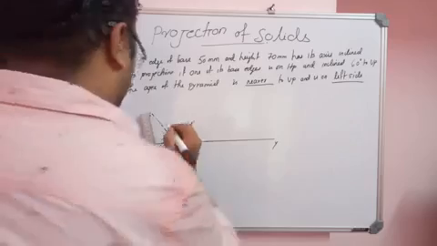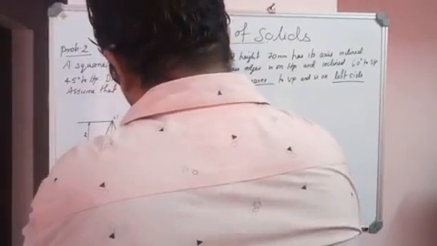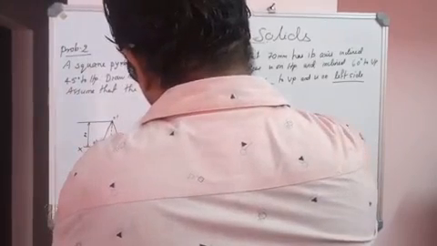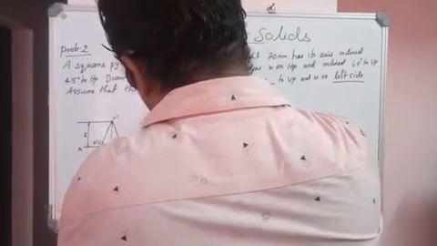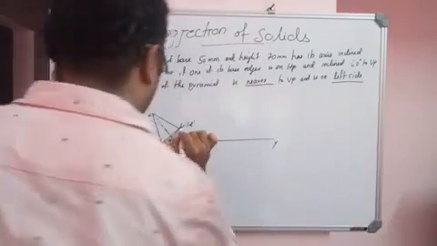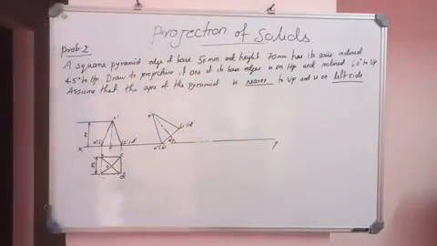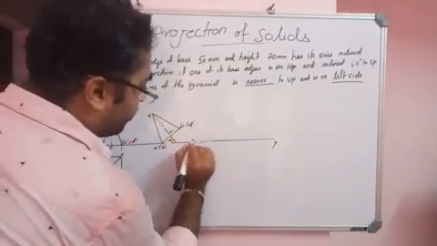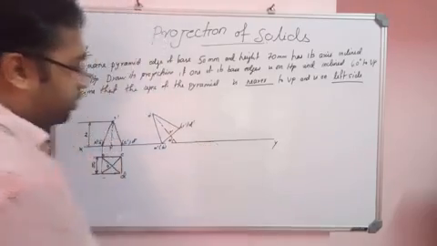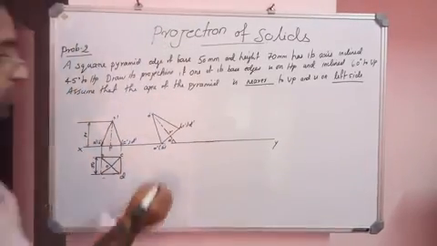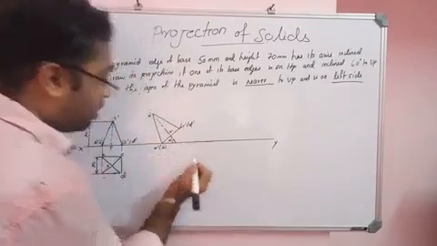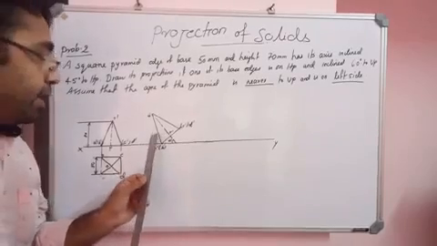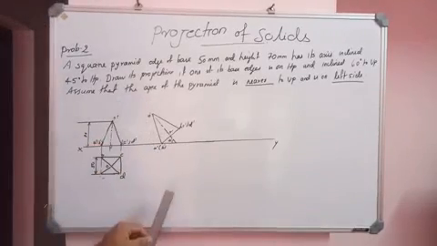Now joining these points, you can see here is O dash, B dash. So this is the XY line.